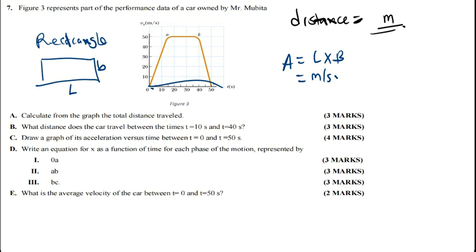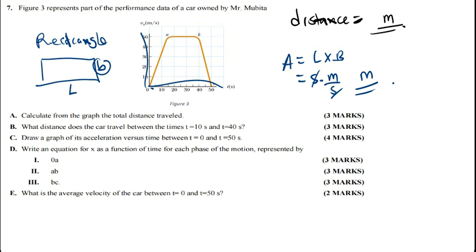Let me do this. I'll put length as the seconds, then breadth to be meters per second. Meters per second is basically the same as m divided by s. So s and s can go, and I'll remain with just m.